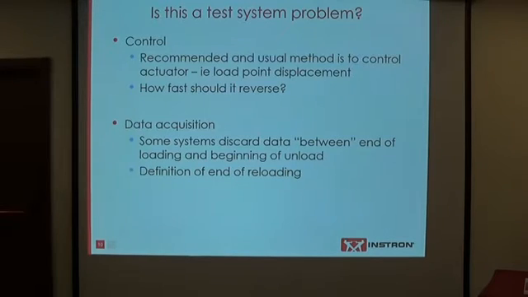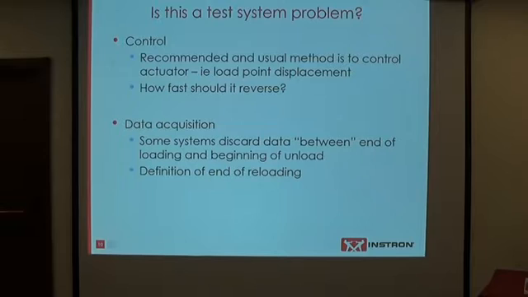There is some software where you deliberately introduce a pause between unloading. There's some where it is expecting it to be instantaneous. So how fast should you reverse the machine direction? And indeed, how quickly should it travel? Also, data acquisition. What I showed you just now is a system where it's discarding the data between the end of loading and the beginning of unloading.